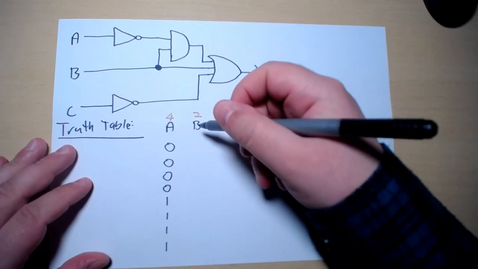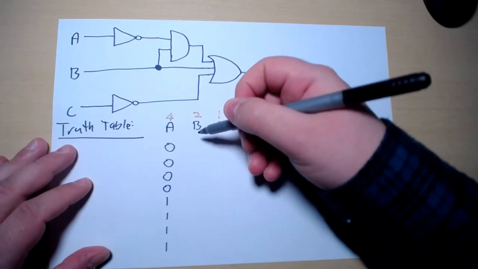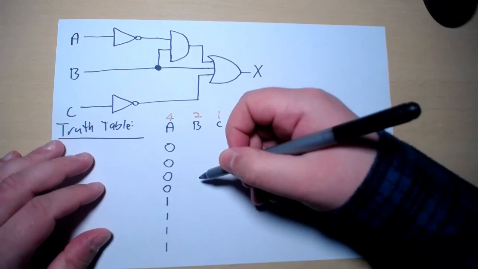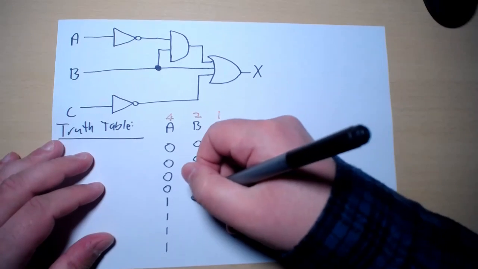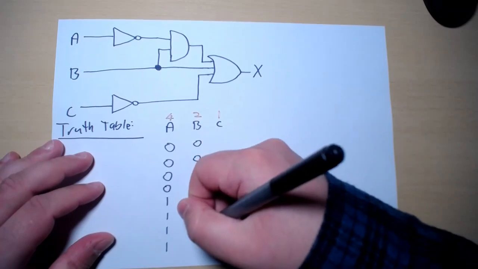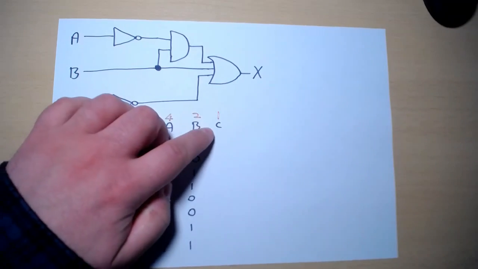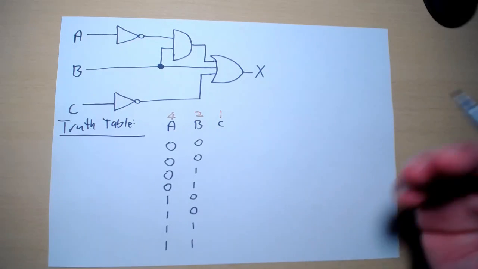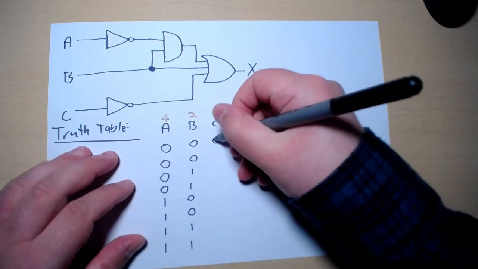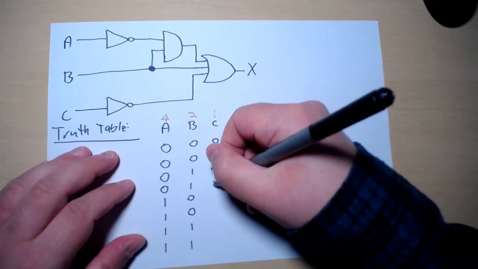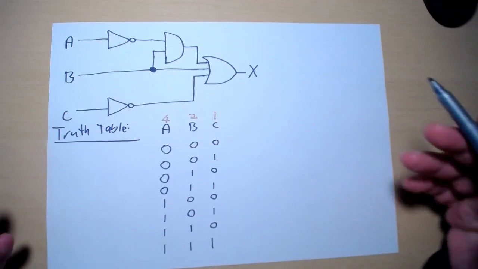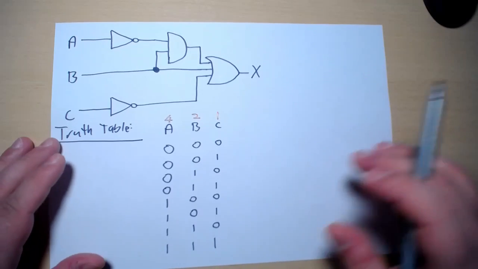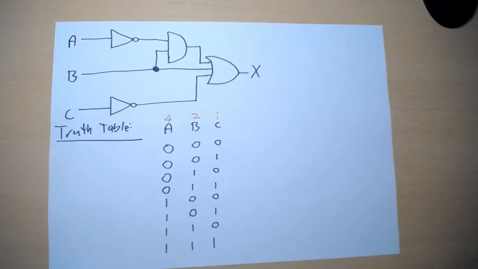Then, alternating, in the next column, we write 2 zeros and 2 ones. And in the last column, we write alternating 0 and 1. So that is the trick of how to write down the input combinations for any given number of inputs.